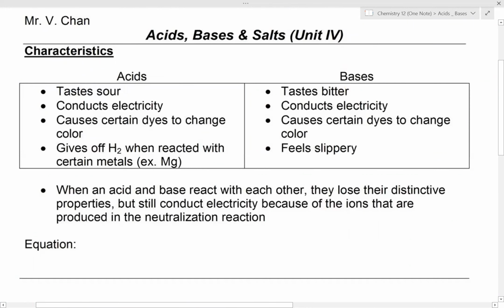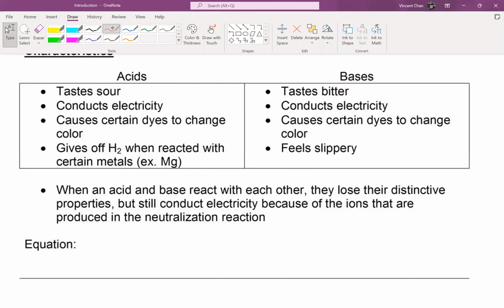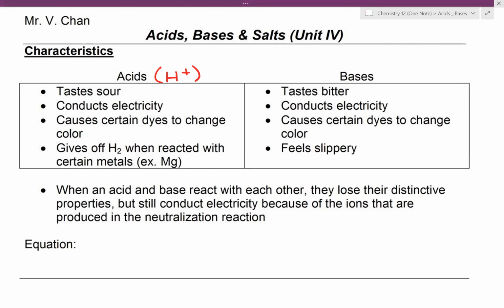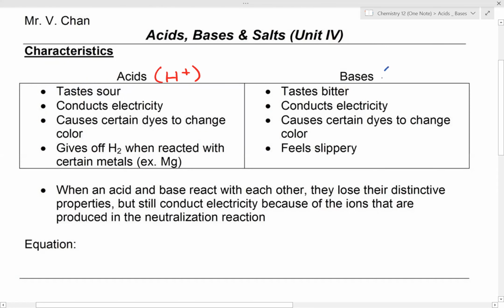Acids, you remember, would have H plus in the formula, and bases would have OH minus 1. Because of the presence of those ions, they have certain characteristics.